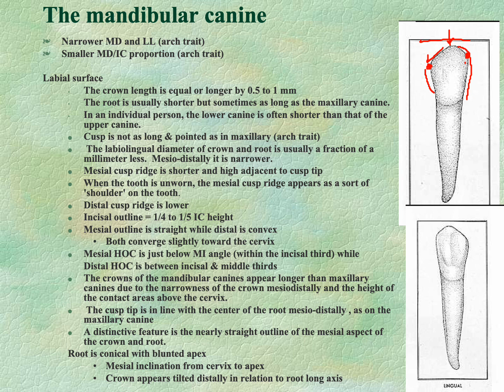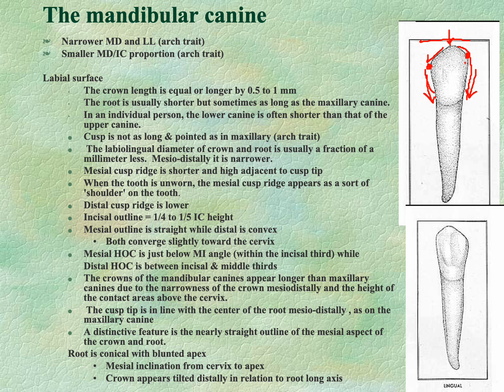Anyway, the tooth converges toward the cervix, which means it becomes thinner toward the cervix. The crowns of the mandibular canines appear longer than the maxillary canines due to the narrowness of the crown mesiodistally and the height of the contact areas above the cervix.